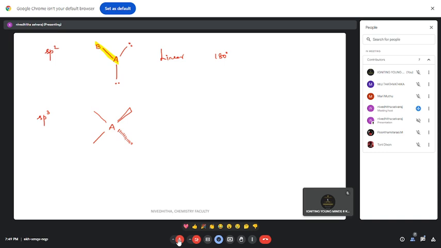This bond is above the plane, and this dashed bond is below the plane. The central atom can form 4 chemical bonds, and if all the bonds are filled by atoms, then the shape is tetrahedral. And what is the bond angle of tetrahedral geometry? What is the bond angle of tetrahedral geometry? Very famous, no?